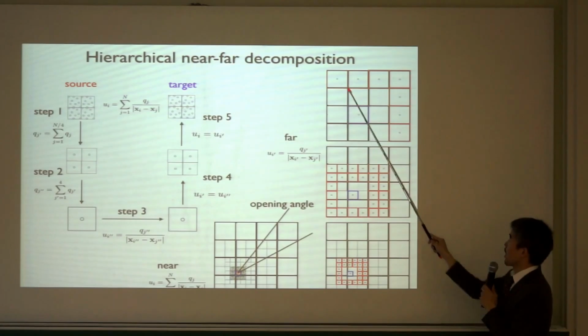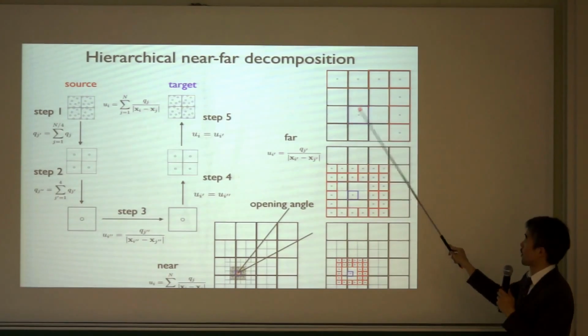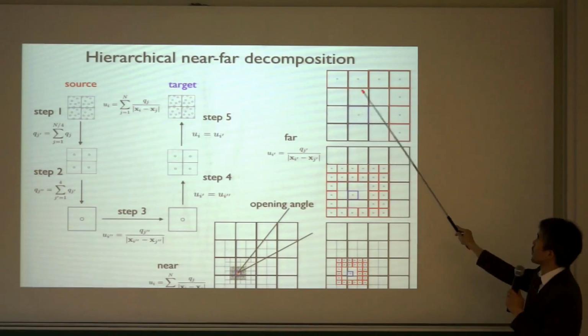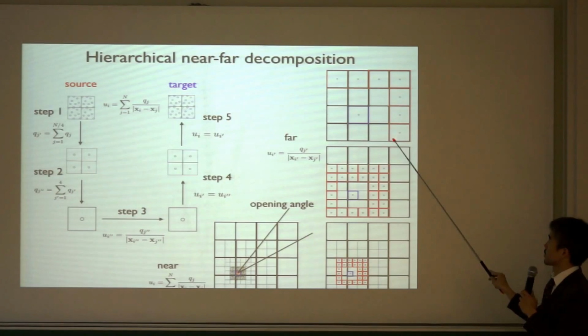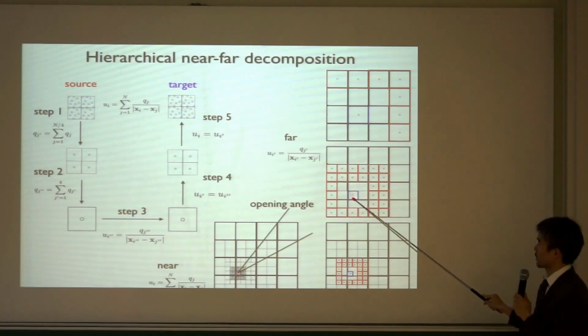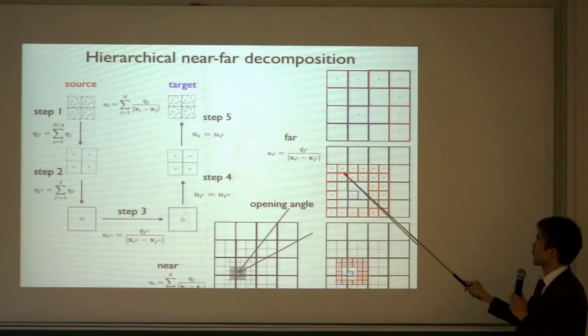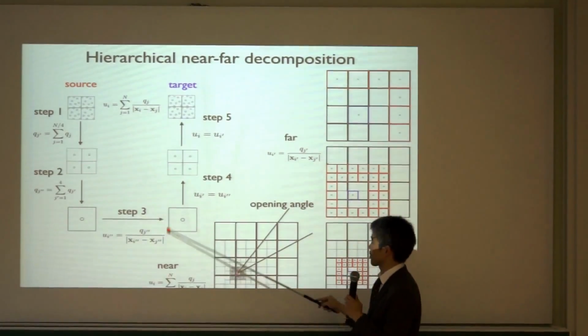So for the top level, we sum between these the effect on the blue box here. Now we have all these white boxes that cannot be calculated at this level. These will be handled at this level because the boxes are small enough that these can interact. We can assume that everything inside here and here can interact with this coarse approximation.